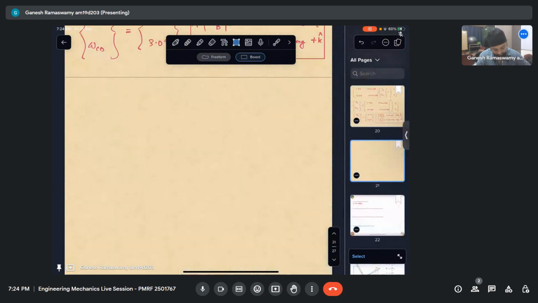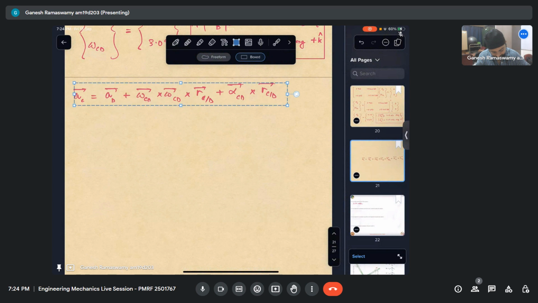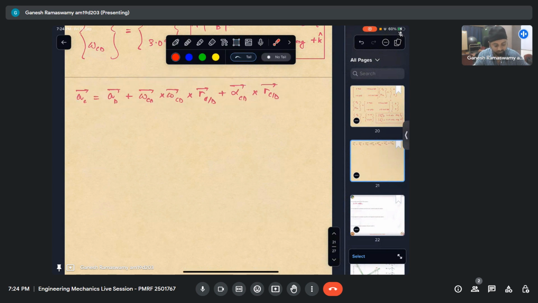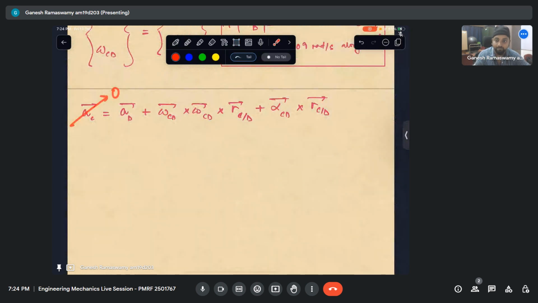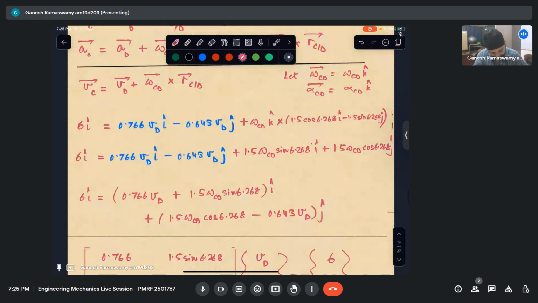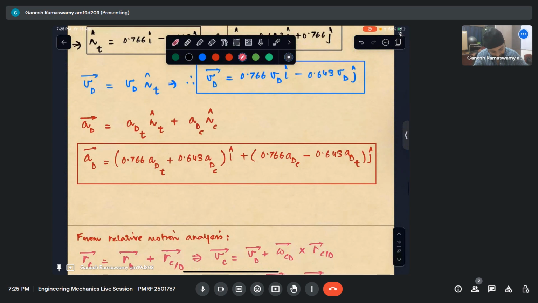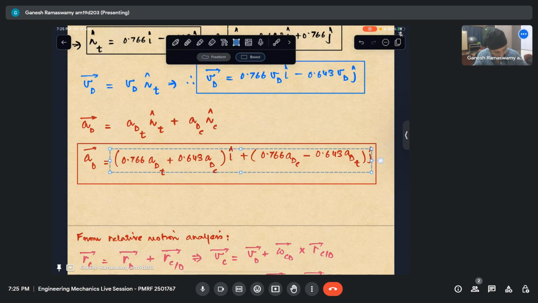Now in the question we have been given that AC is 0. So 0 is AD. AD we found out to be this quantity, where ADT and ADC are still unknowns. That is what we want to find out.